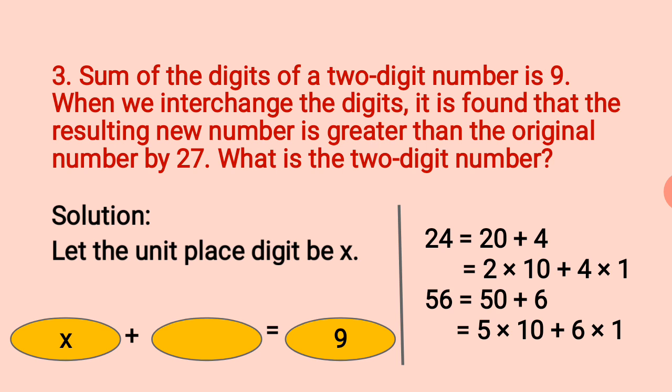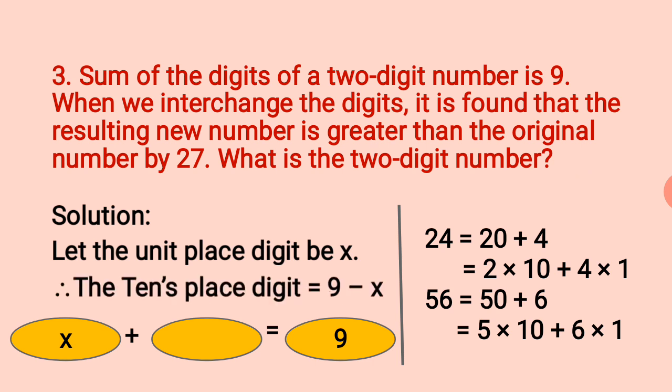It is flashed over with those ovals written over there. x plus some number gives you 9. So the other number will be 9 minus x. x will move to the other side, that is, x will be transposed to the other side. So the second number, that is the number on the tens place, will be 9 minus x. This is what we have got.